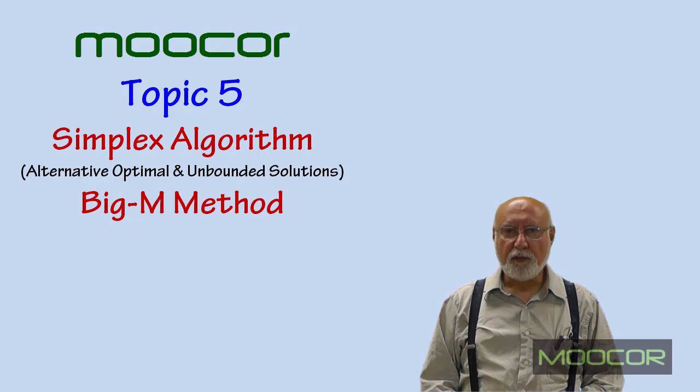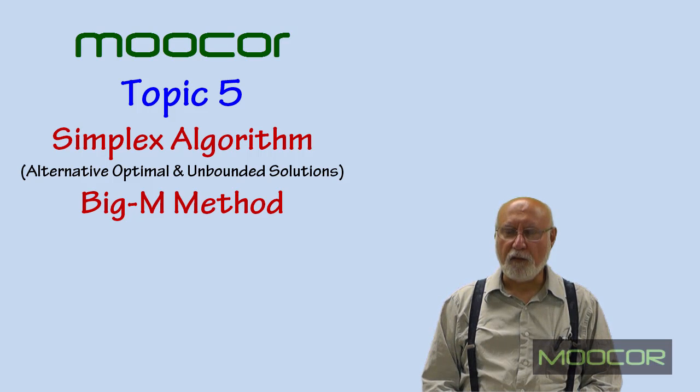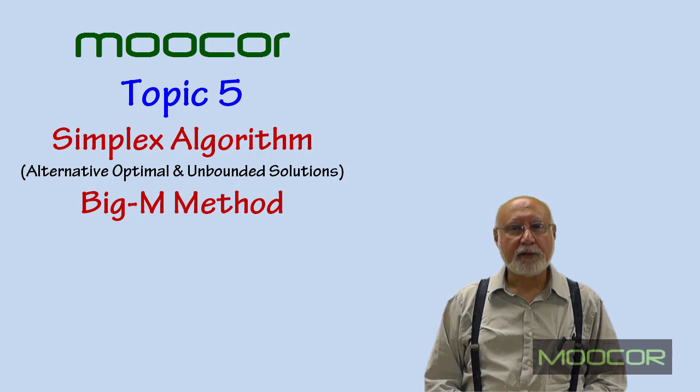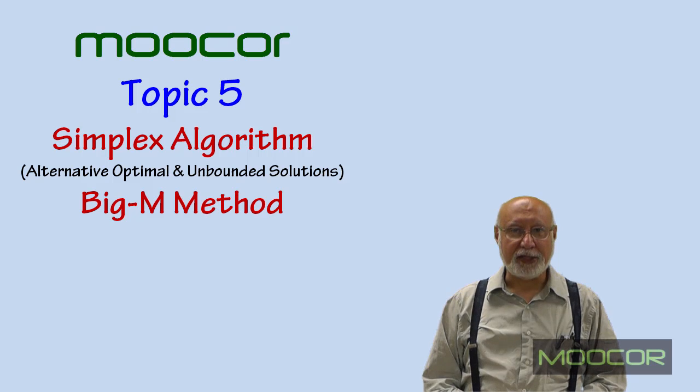However, before we actually start talking about Big M method, we are going to cover a couple of cases on Simplex method that we covered in Topic 4. First, we are going to look at alternative optimal solutions and see how Simplex method and the optimal tableau will treat these cases.